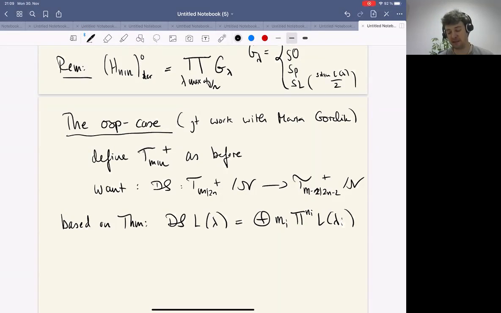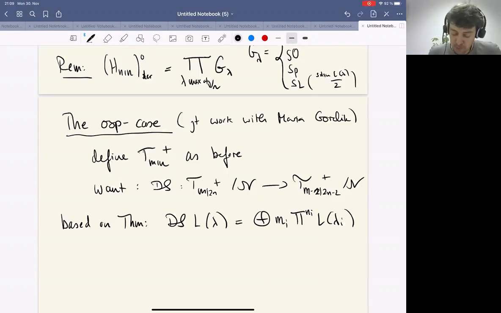And this tells you that this DS functor induces, first of all, a functor between T_{m|2n}^+ and T_{m-2|2n-2}^+. And then in order to get this induced functor between these quotient categories, you somehow have to check that if you have an object of superdimension 0 and you apply this DS to it, then you get something of superdimension 0. That's highly not obvious, but it's still true.